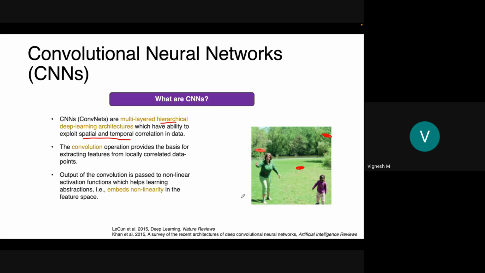And importantly, what we also have in CNNs is that the output of convolution, this mysterious operation which we'll discuss, is also passed through nonlinear activation functions, which we have looked at, right? What that does is help us learn certain abstractions from the image, those things that are important in defining what the image is about, and it embeds this nonlinearity in the feature space.